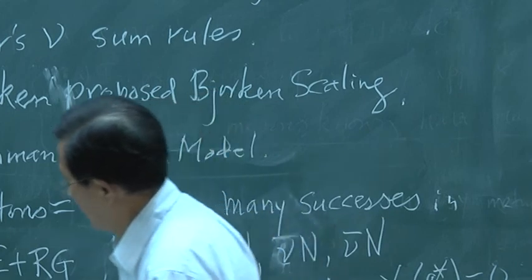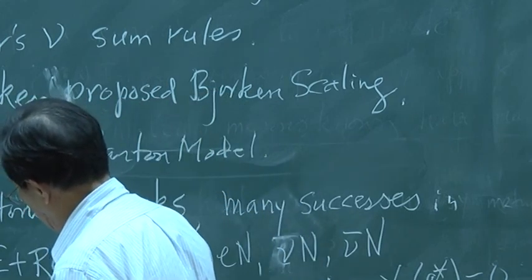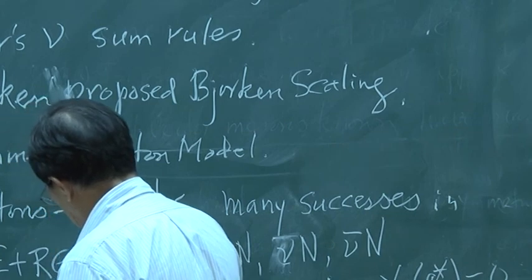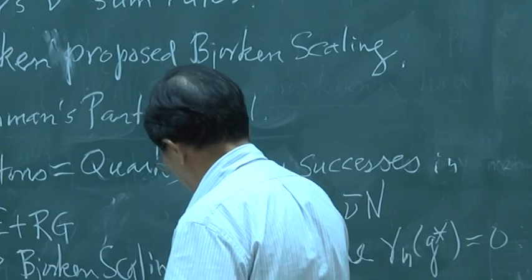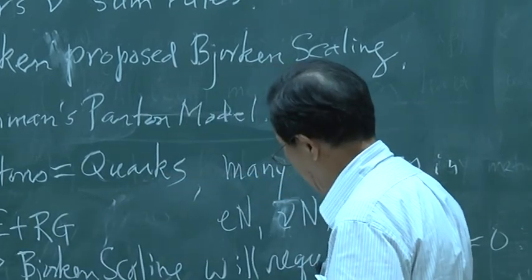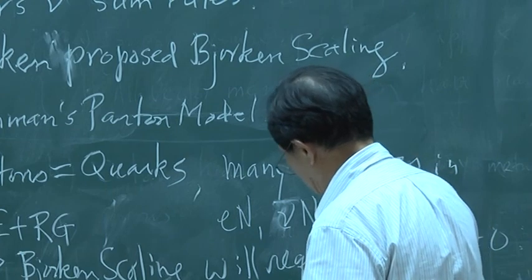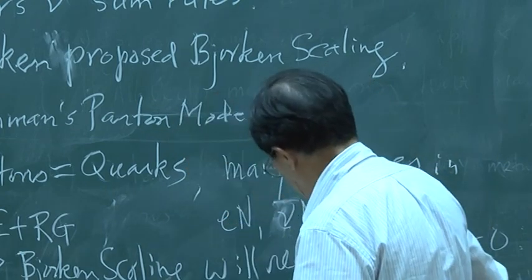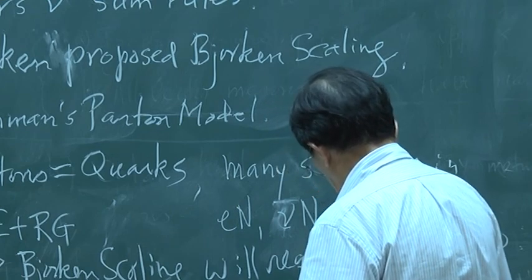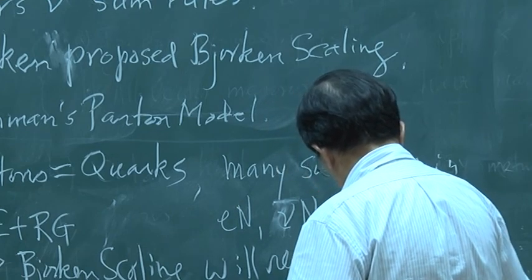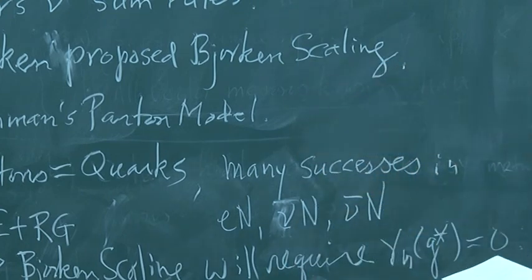And then this led to research for a quantum field theory with asymptotic freedom. And then finally, of course, QCD was found.